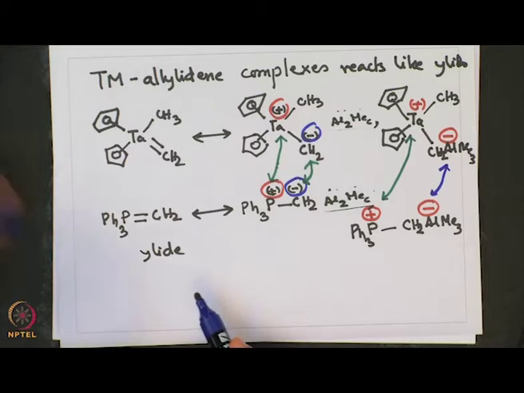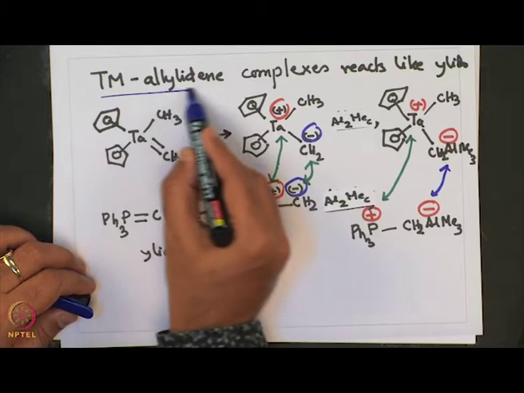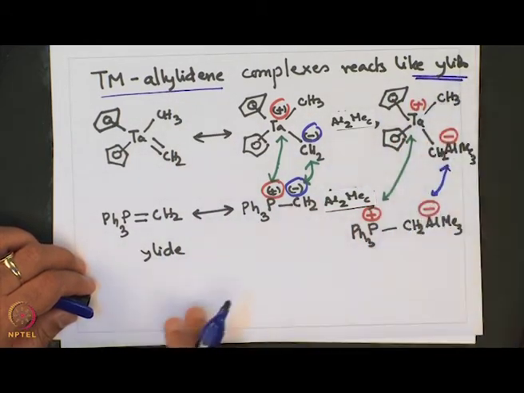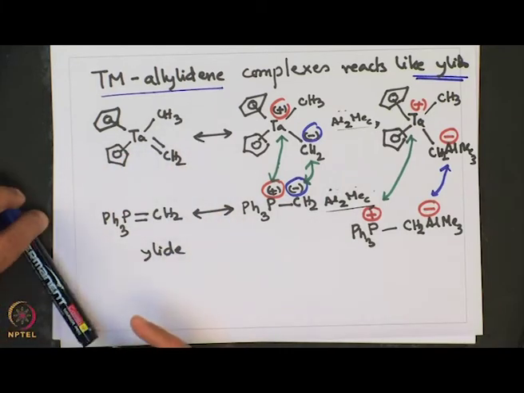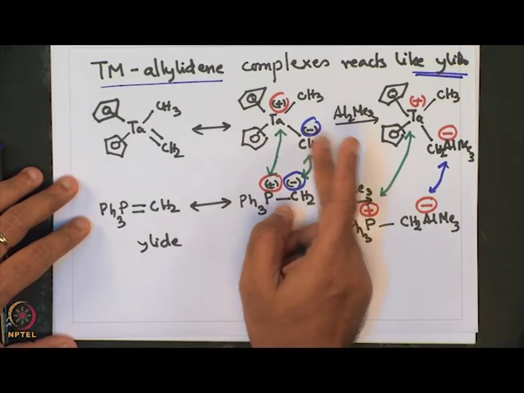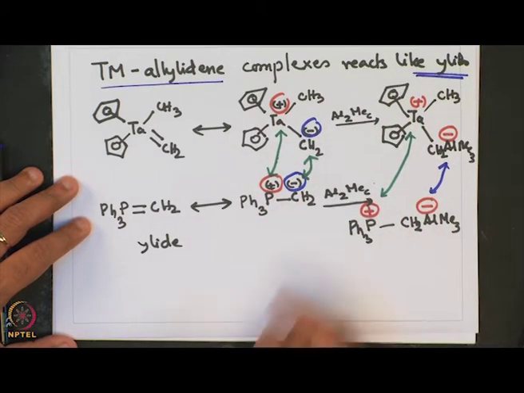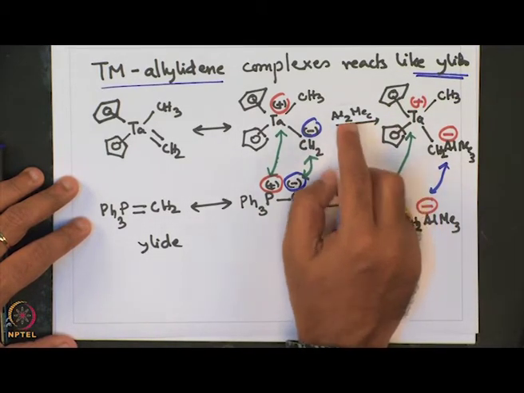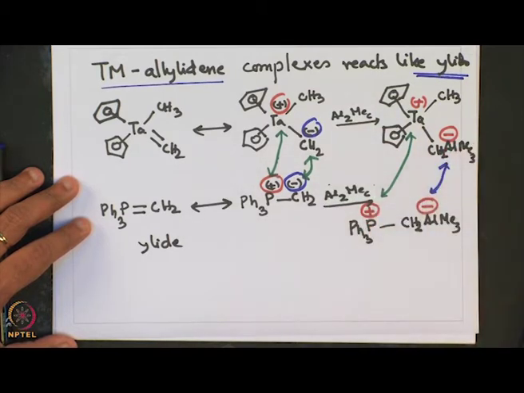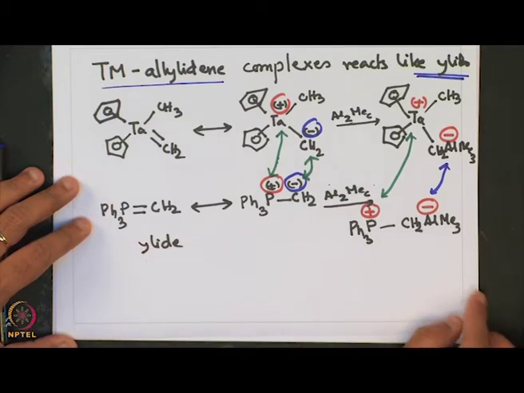So, basically what it says is that transition metal alkylidene complexes react like ylides or metal ylides. The parallel reactivity is shown here, where the positive charge resides at the metal and the anionic charge resides at the carbenic moiety, which then attacks the electron deficient aluminum to give this tetraalkyl aluminum species with a negative charge on aluminum, similar to the ylide chemistry that we are familiar with.